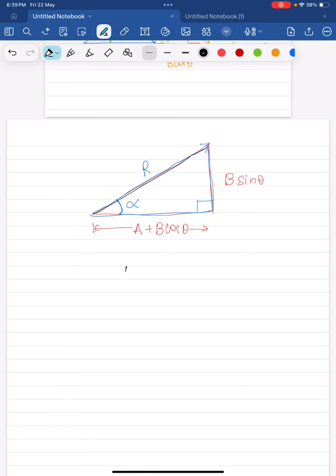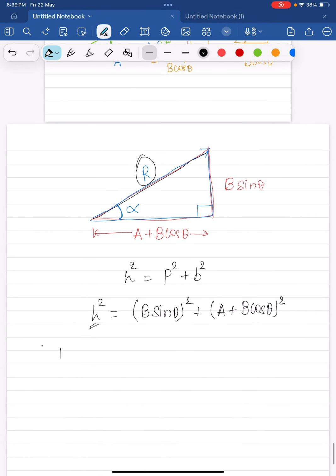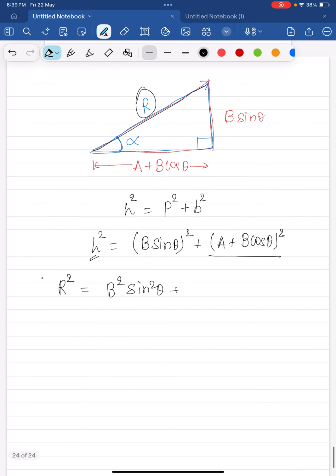We know the Pythagoras theorem: in a right angle triangle, hypotenuse square is equal to perpendicular square plus base square. So h square is equal to B sin theta whole square plus A plus B cos theta whole square, and the hypotenuse is R. So we can write R square is equal to B square sin square theta plus, and we can expand it with the formula A plus B whole square.